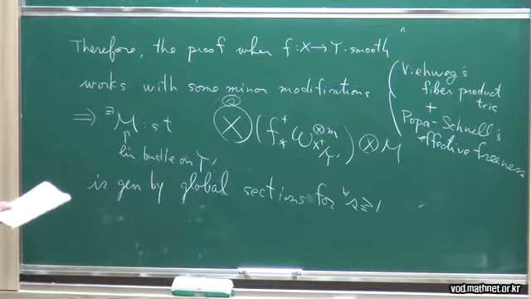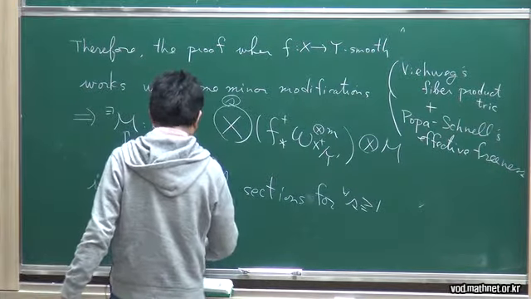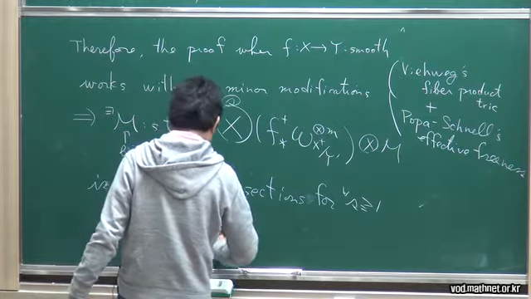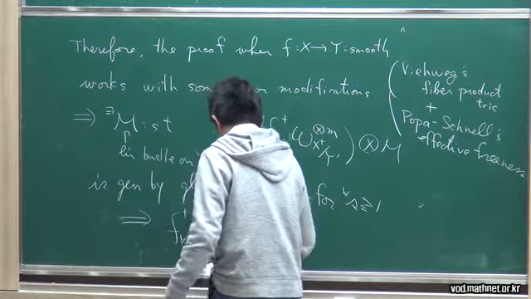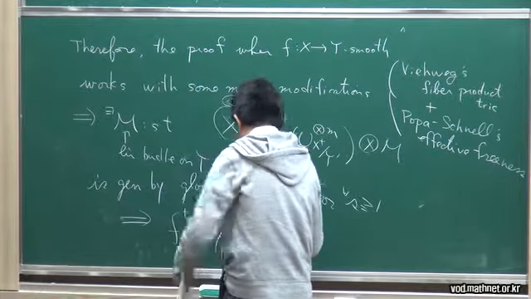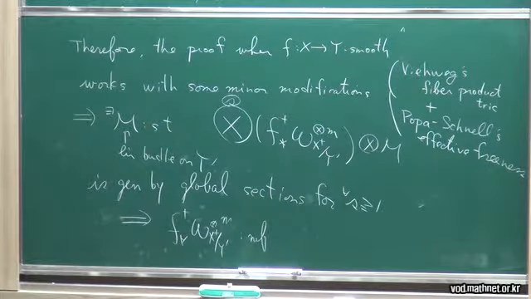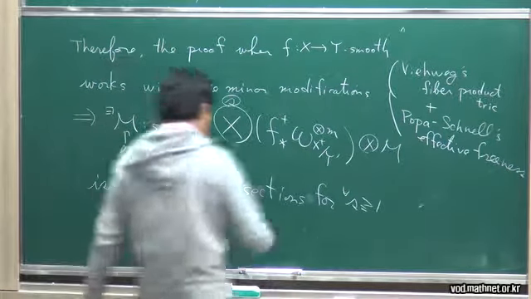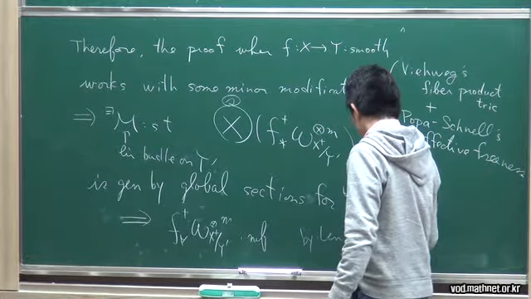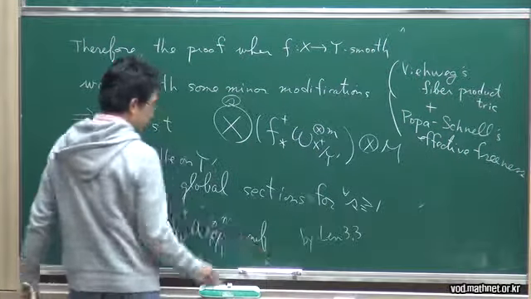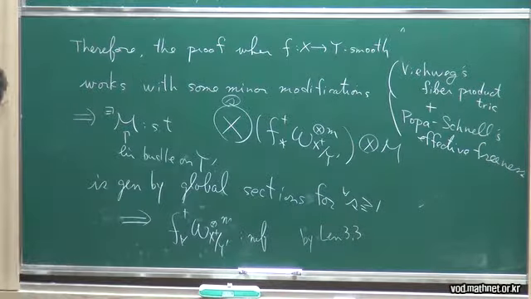Okay, and then if we push forward this one, Y prime tensor M, Y prime tensor M is NEF. Okay? By lemma 3.3, the last lemma in the first lecture, I think.